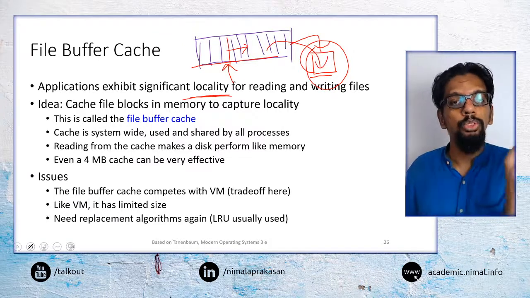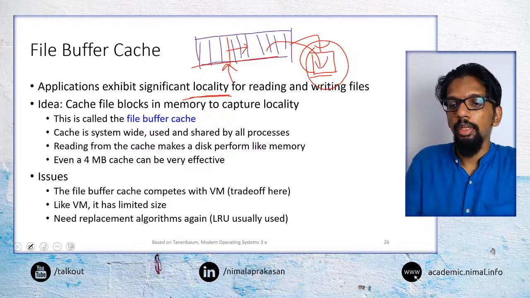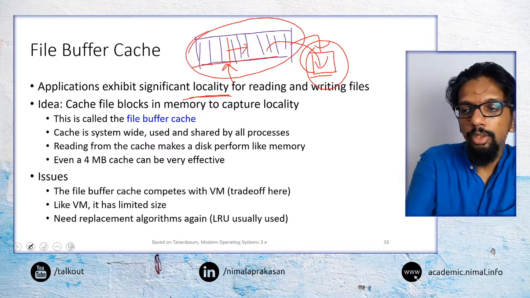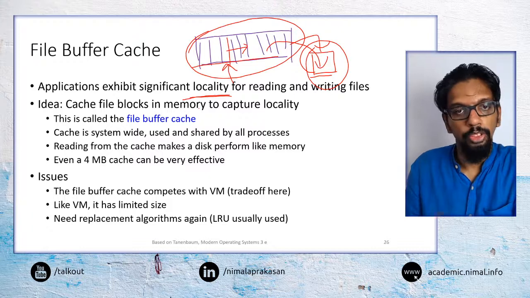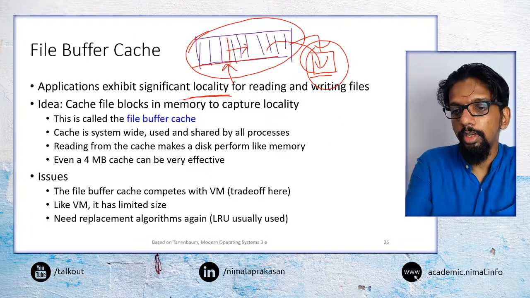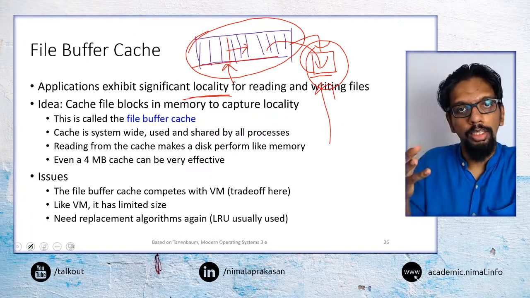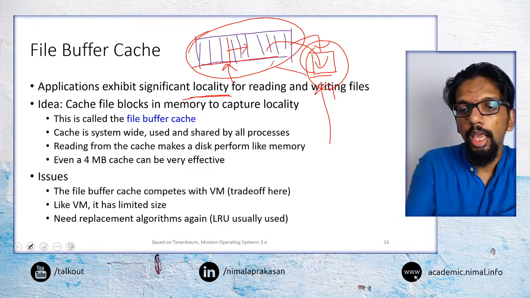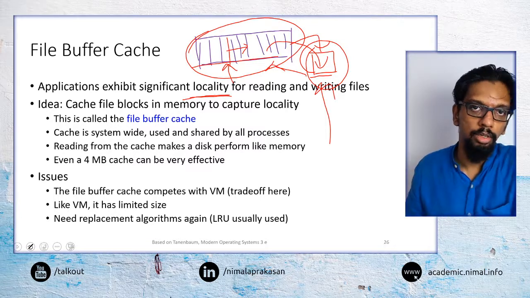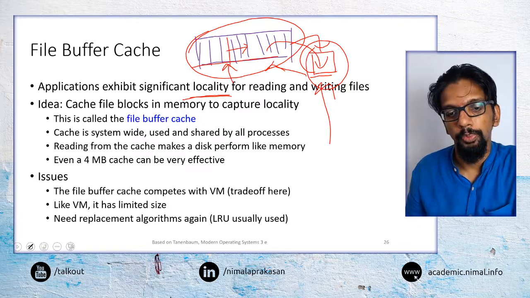And we may also use that from a writing perspective, where our actual storage writing speed may be much slower. So we may write into a faster memory, and then it can take from there and write it into the slower storage medium.